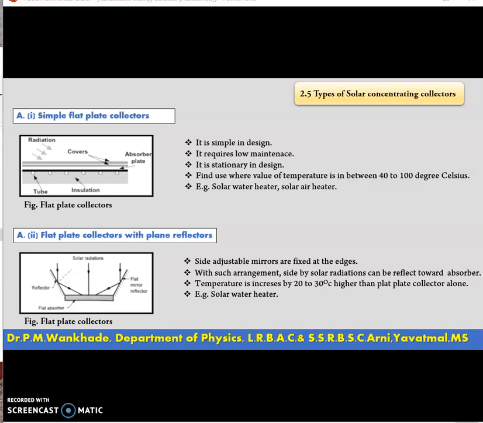A solar collector transforms short wavelength radiation into long wavelength radiation and traps this energy in the form of heat, which is transferred to heat storage devices. We have already studied the properties and types of heat storage devices. There are different types of solar collectors, and we will discuss each one.